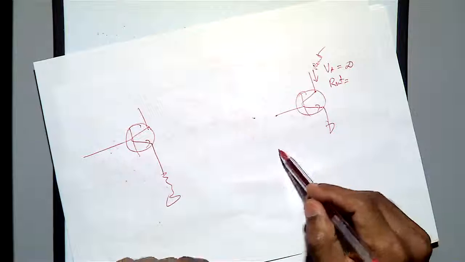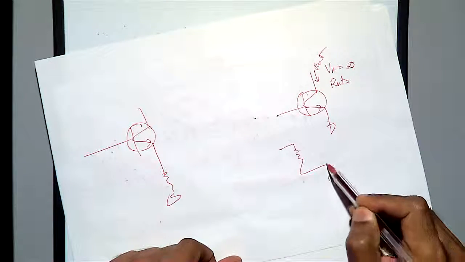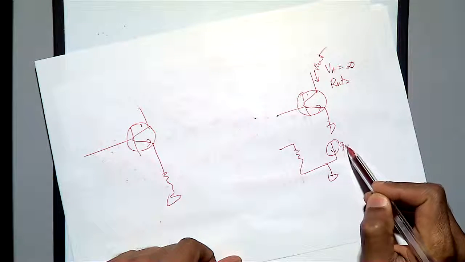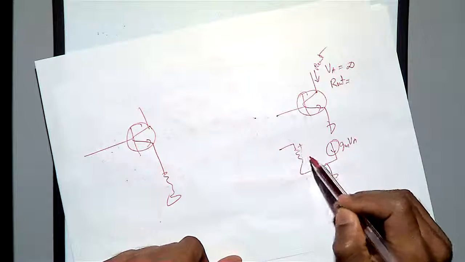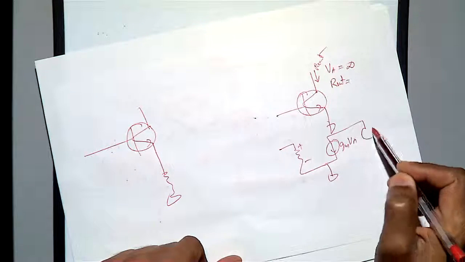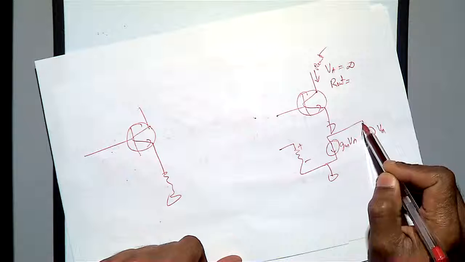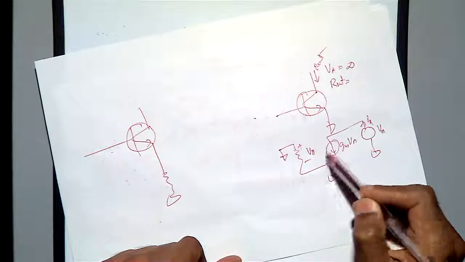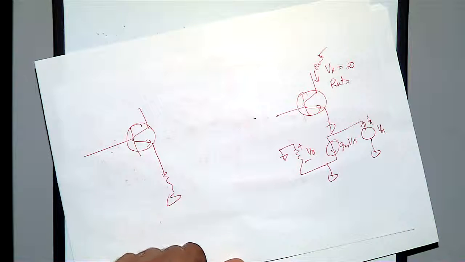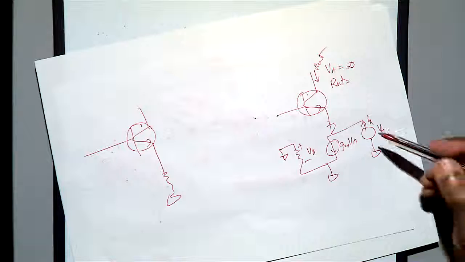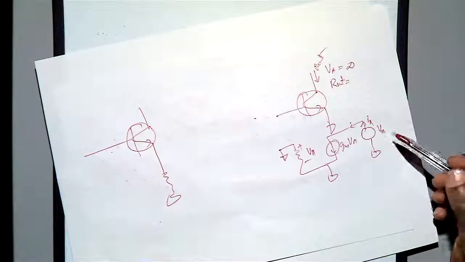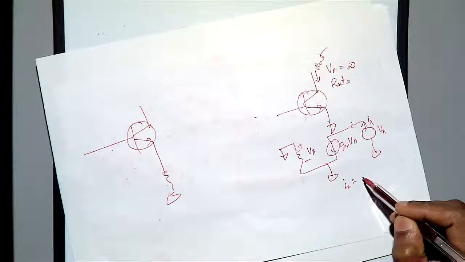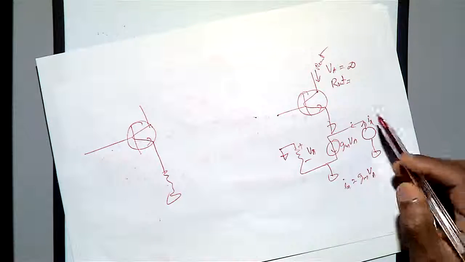If you have a confusion, just draw the small signal model. Then I am going to connect a test voltage source Vx, then current Ix is coming, and the input I am going to ground, because that is the rule, you have to short the input. So what will happen? What is Ix here? Ix will be provided by gm V pi.